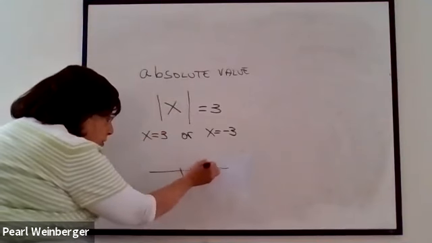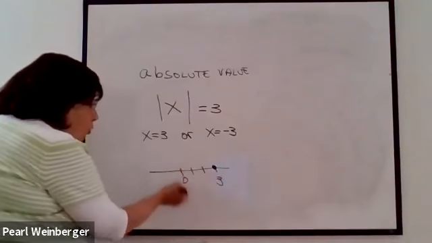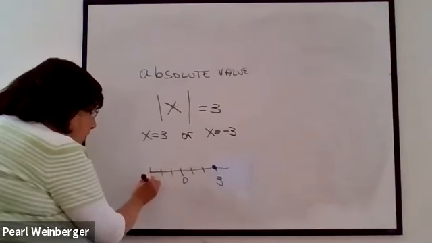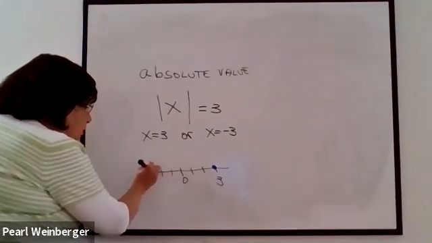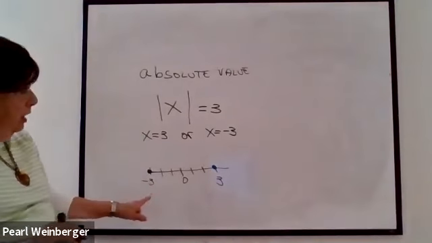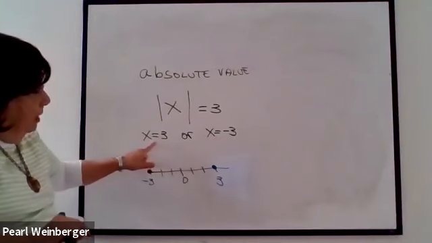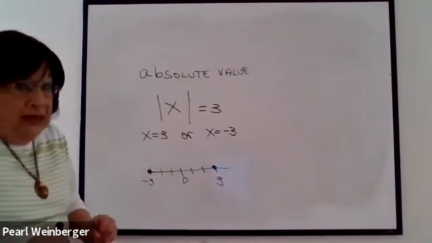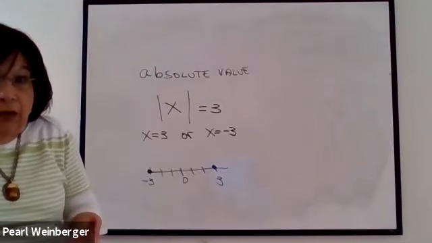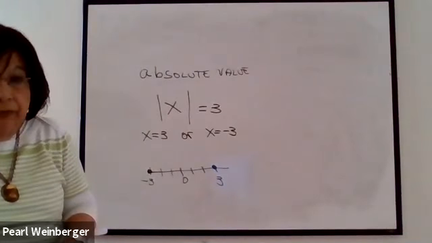I can either go 3 units to the right, which will get me to +3, or I could have gone 3 units to the left, which would get me to -3. Both of these numbers are 3 steps away from the origin. So again, there are 2 answers to it, -3 and 3. So basically, what we have to know about an absolute value equation is that when we want to solve it, we really want to get 2 answers.